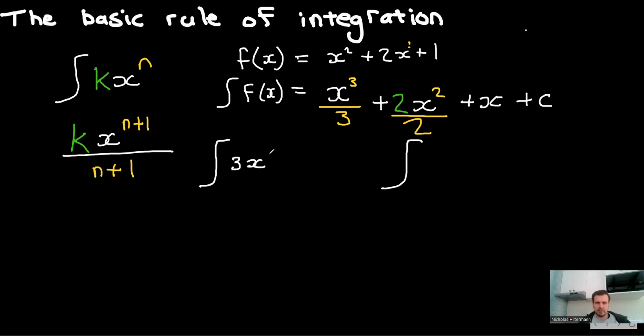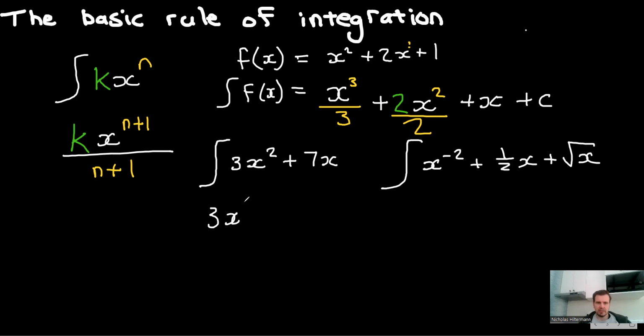So 3x to the 2 plus 7x, and let's do one with a negative x. Let's do an interesting one. Let's do something like square root of x. So for this one, we know we bring the 3 down because that was the k.